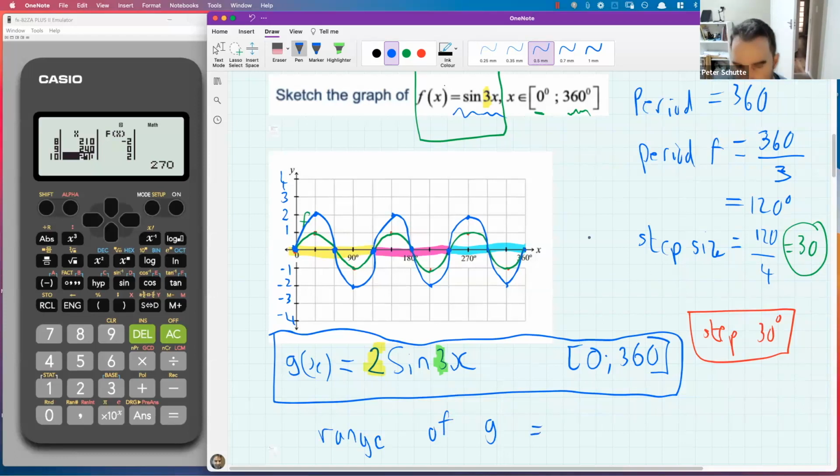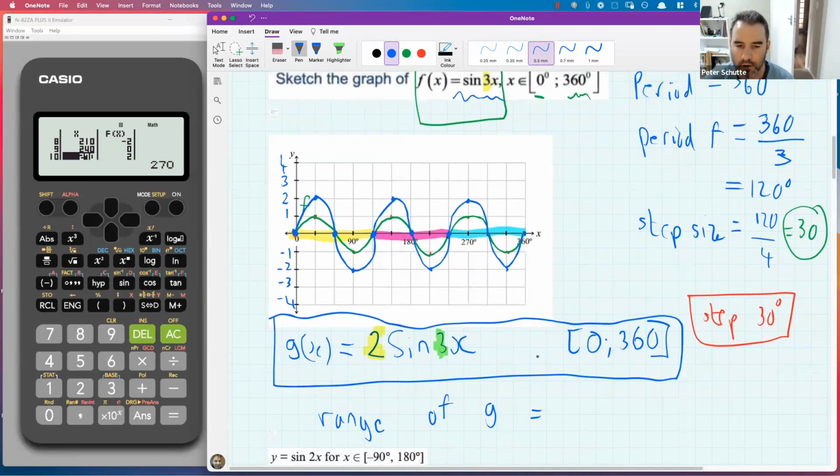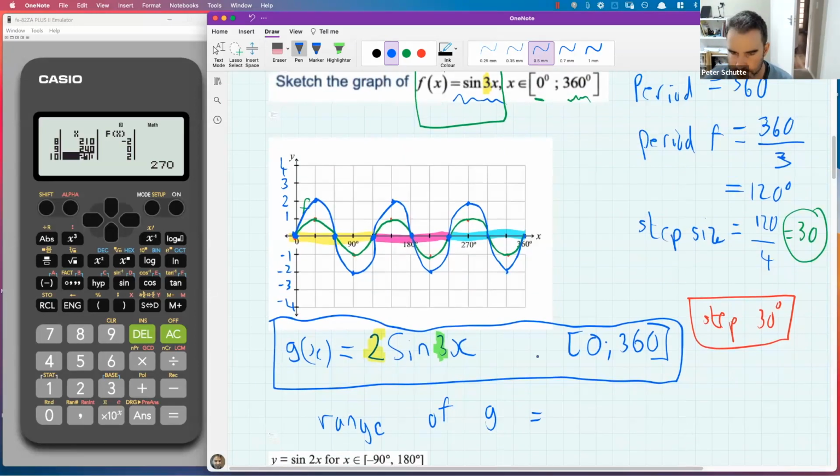I want you to answer in the chat or put your hand up or whatever floats your boat. What is the range of G? So I think the highest value is 2, the lowest value is -2.